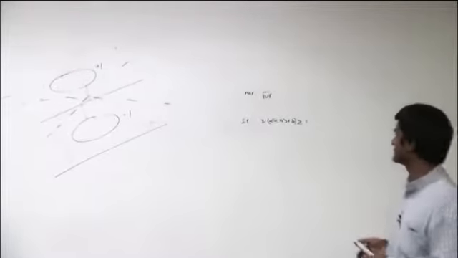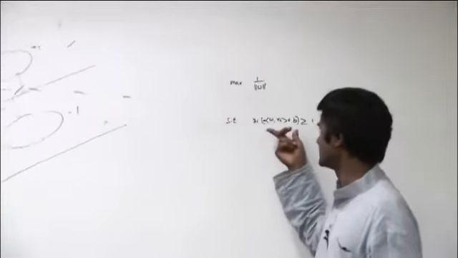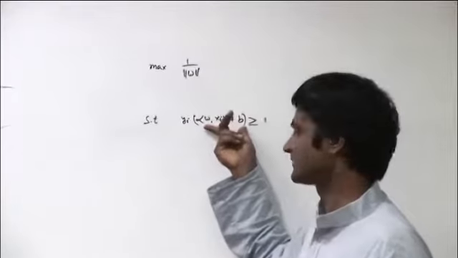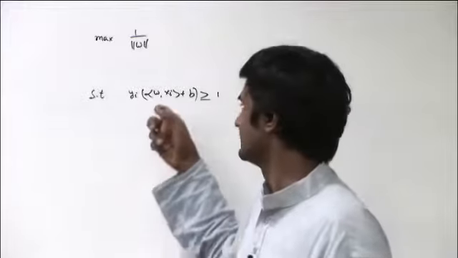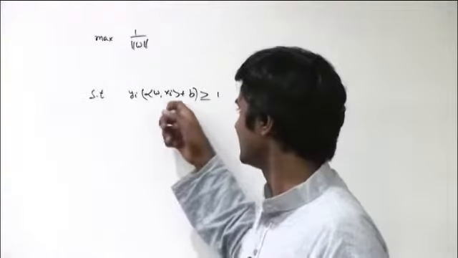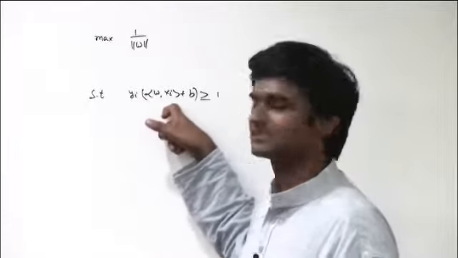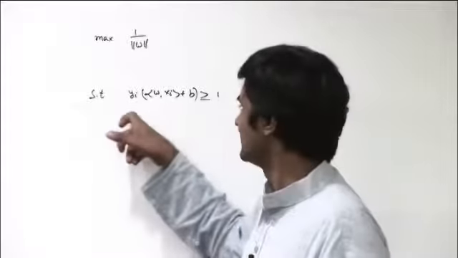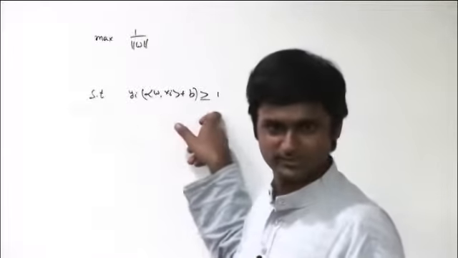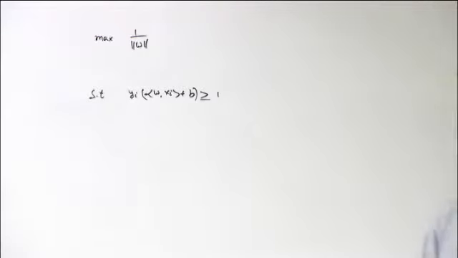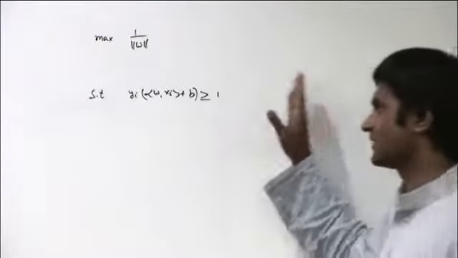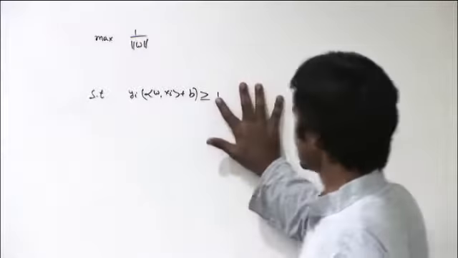All that's being said here is that w dot xi plus b has the right sign. It's either plus or minus: if yi is plus and this is plus, then plus times plus is plus. If this is minus and that's minus, then minus times minus is still plus. And then the absolute value must be at least 1.